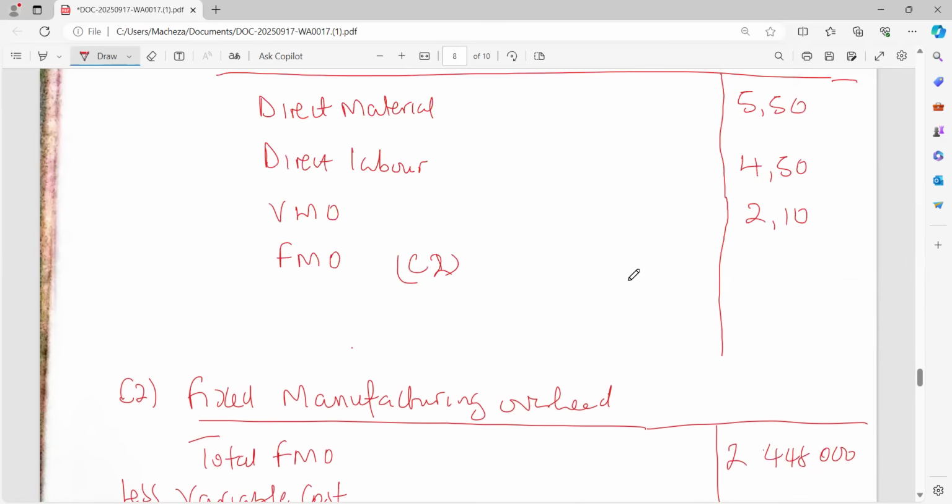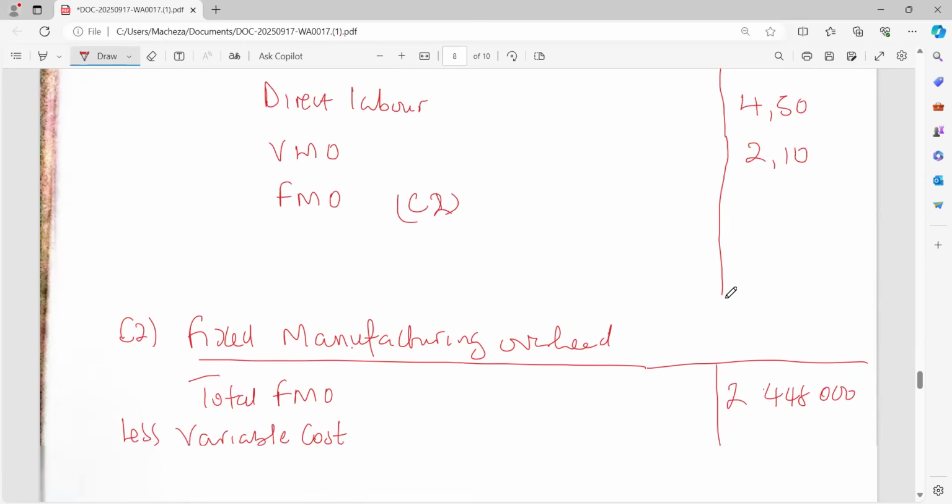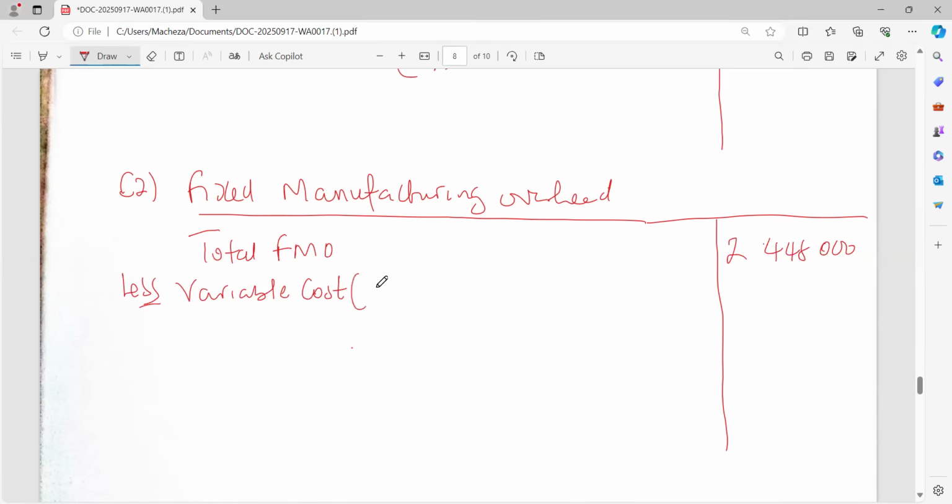Variable overhead manufacturing cost per unit is 2 Rand 10, times units manufactured, times 960,000. That gives 2,016,000.